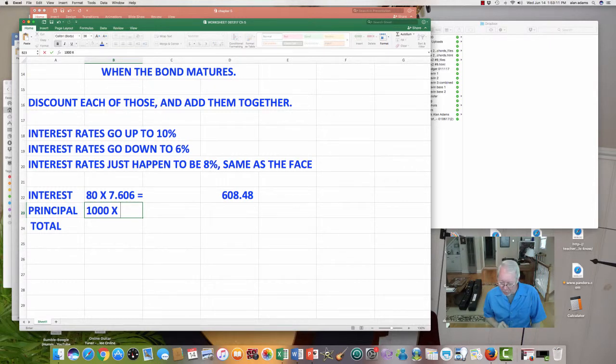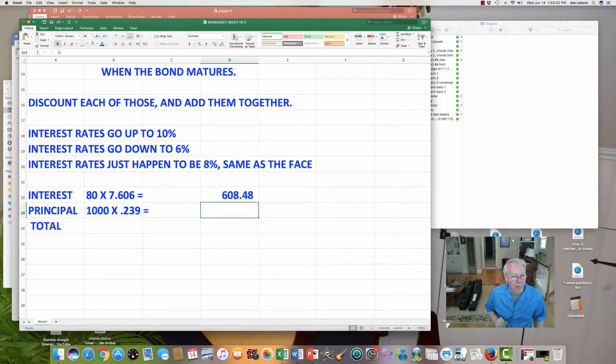Go to table number 2, or table B if you will. 10% column, 15-year row, and you're going to find that it's about 2.39. Again, my apologies for the fact that this is 3 decimal places instead of 4, but I'm going to stick with it because that's what's in the book on page 115. So that number, of course, is $239.